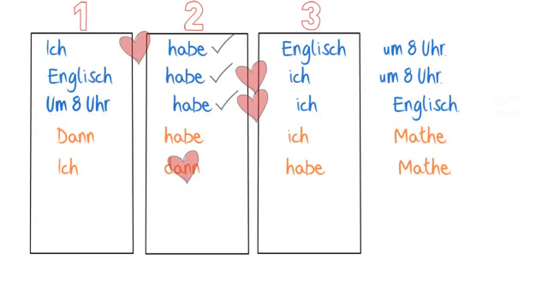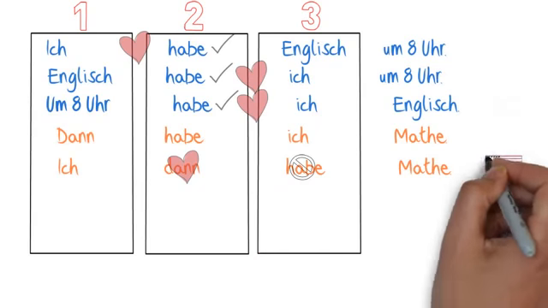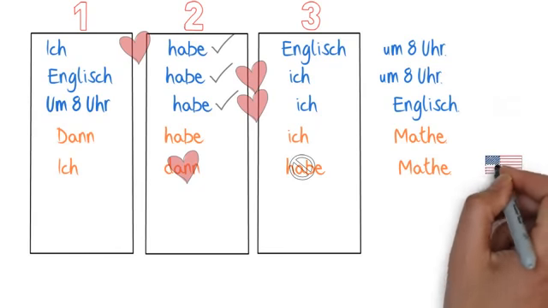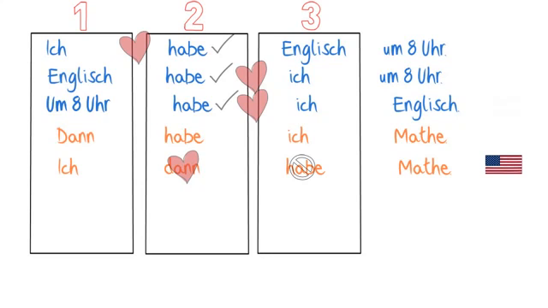The subject is ich, and the verb is habe. Oh no, something has come between the two lovebirds. Dann can't go there if we want to have ich first. Furthermore, habe isn't second in the sentence, so this sentence is doubly wrong.